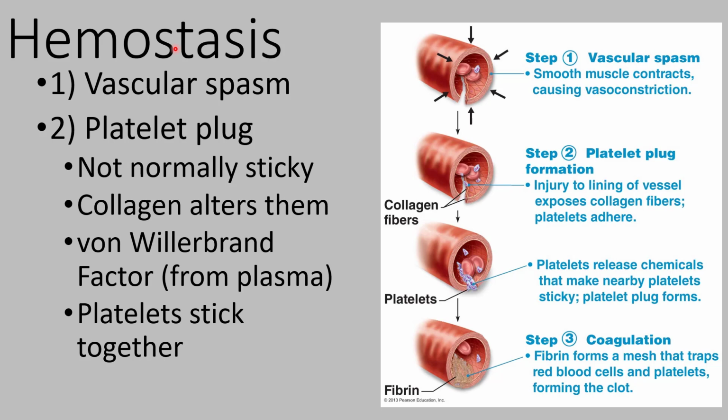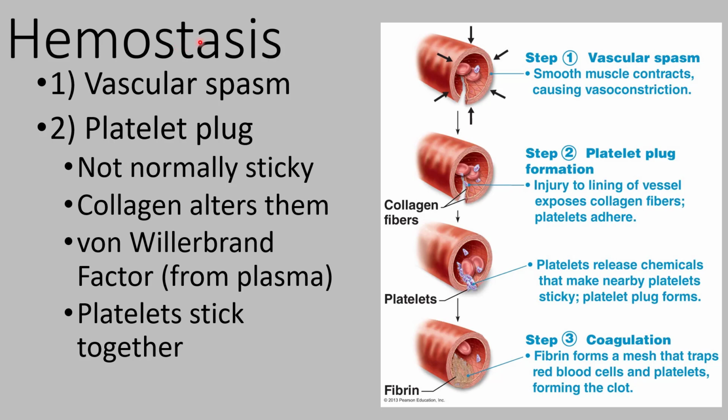So let's look at the steps of hemostasis. You get some sort of damage to a blood vessel and surrounding tissue, but we're just talking about the blood vessel. What happens so that we're not constantly bleeding until we die?